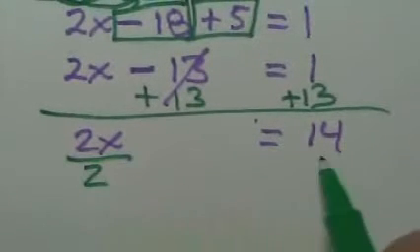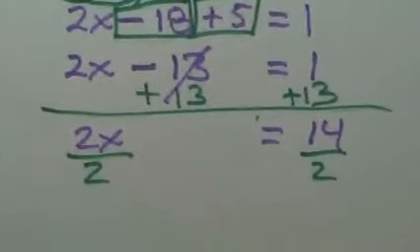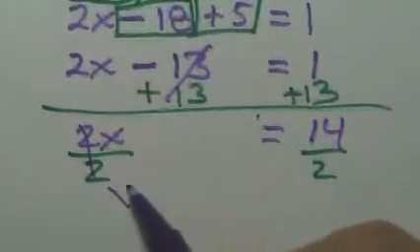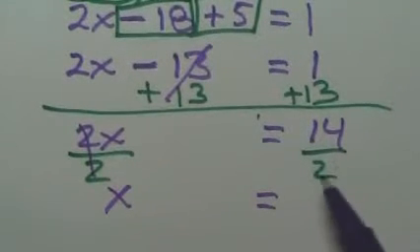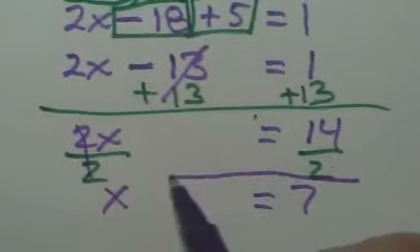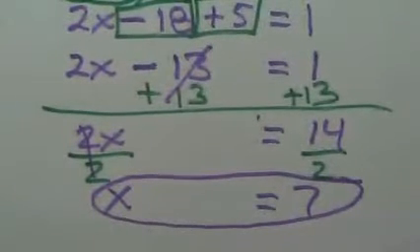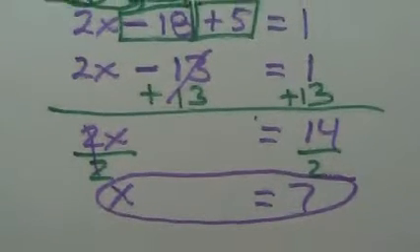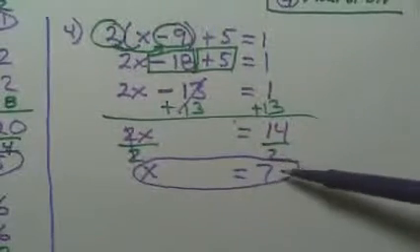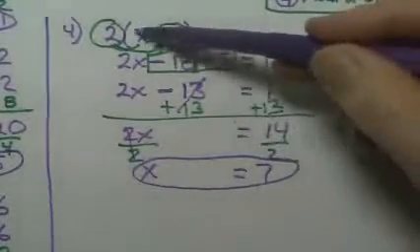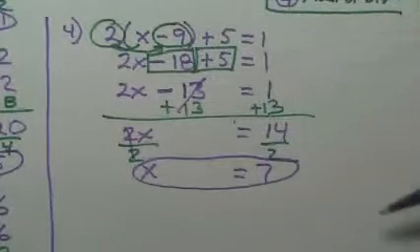But I'll still do the last step. Divide by 2. X equals 2 goes into 14 7 times. And if I was to put the 7 in for x, we would see the left side would equal the right side.